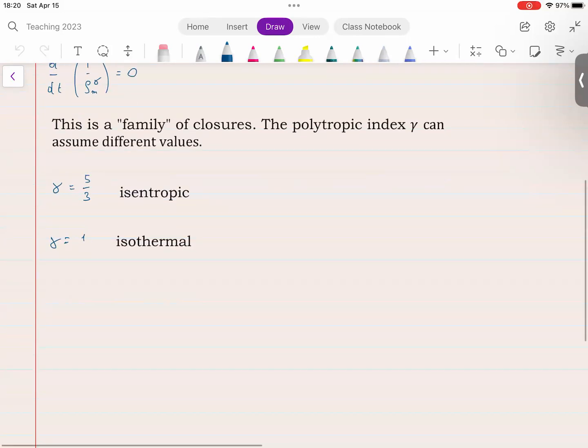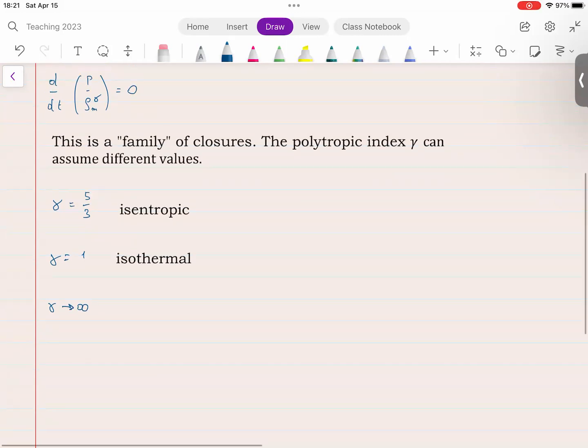Another option is gamma going to infinity. And remember, I don't like writing gamma equal to infinity because infinity is not a number. But this will be the incompressible closure, where density is not allowed to change.